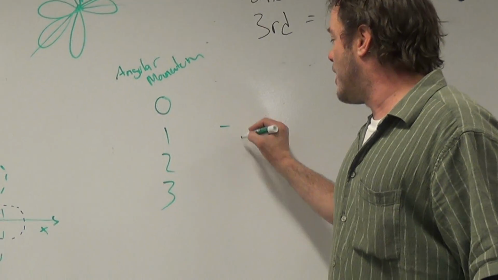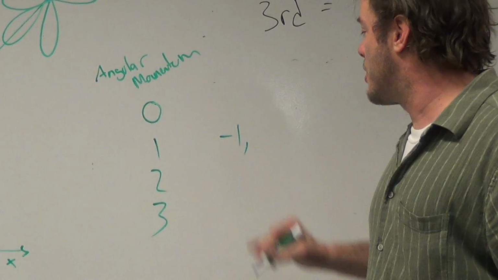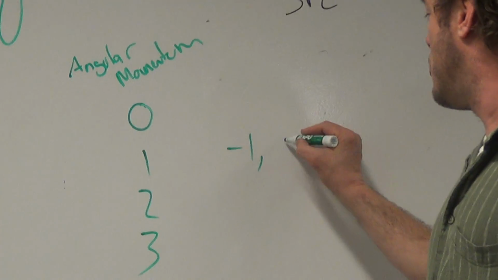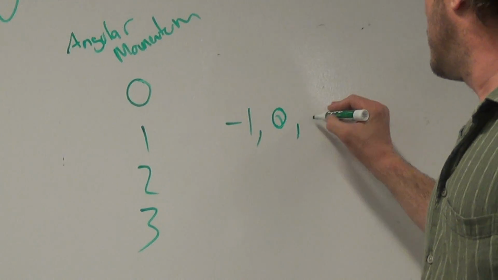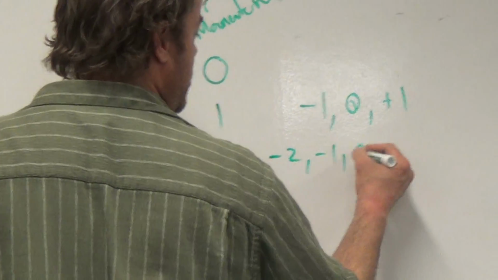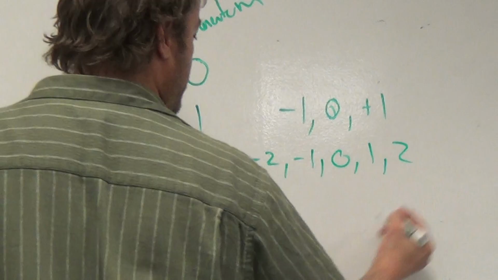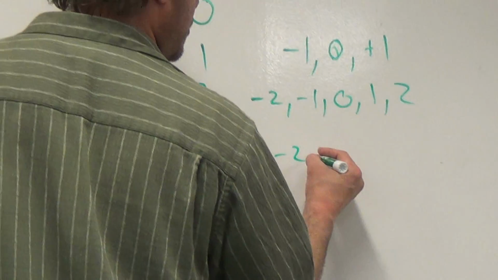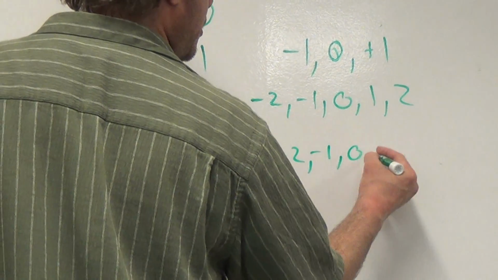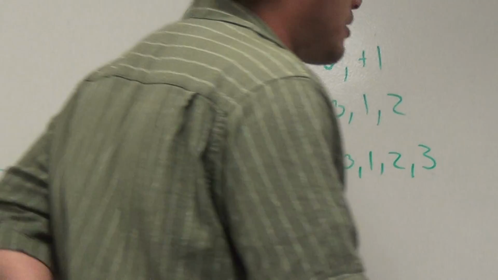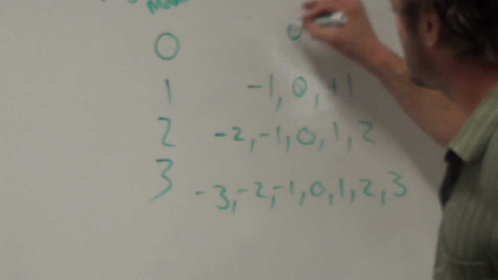So for 1, we have a possible orbital with a magnetic moment corresponding to -1, 0, or +1. With a 2, we can have -2, -1, 0, 1, or 2. And with a 3, we can have -3, -2, -1, 0, 1, 2, or 3. And for 0, we can only have 0.